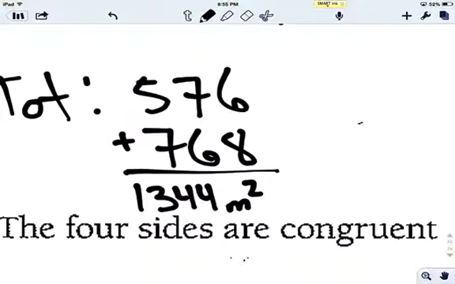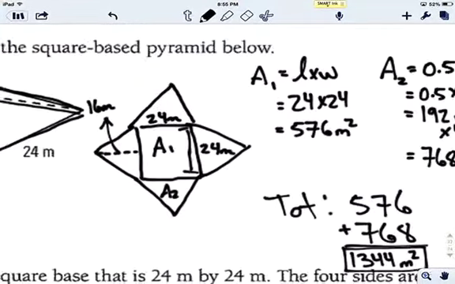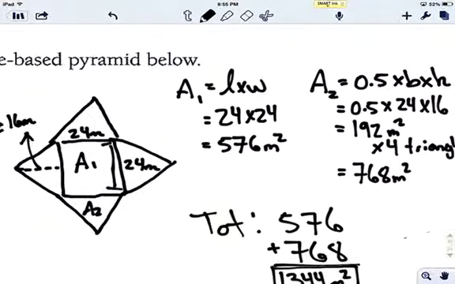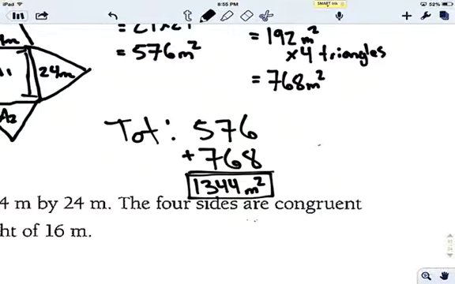And that is how you find the surface area of a pyramid. Draw a net, figure out what shapes you've got. We had a rectangle shape, then we had a triangle shape. Find those areas, multiply by the number of triangles, add them up.